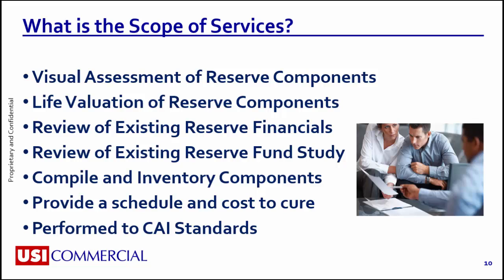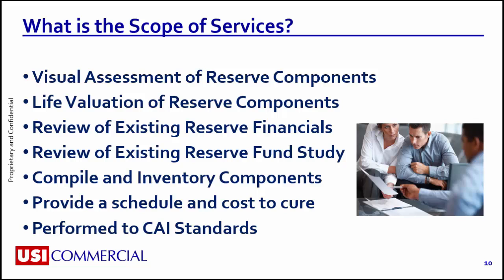What are the gray areas of maintenance items that are often seen in a reserve study? One of the most popular questions revolves around major maintenance items, such as painting the buildings or seal coating the asphalt. You may hear from your property manager or accountant that since painting or seal coating is not replacing a capital item, then it cannot be considered a reserve issue.